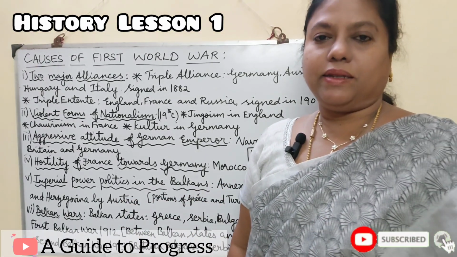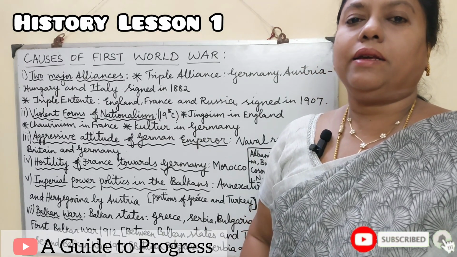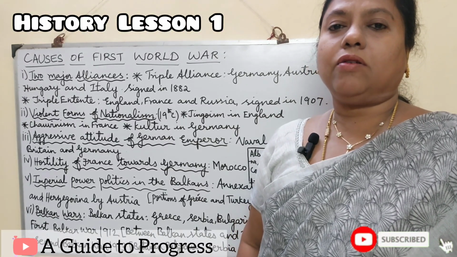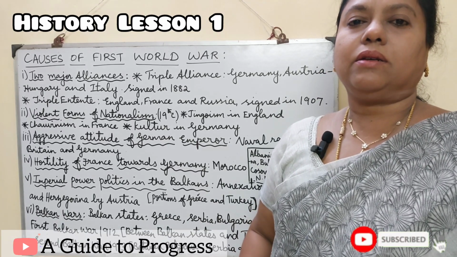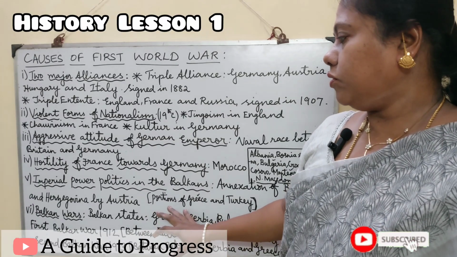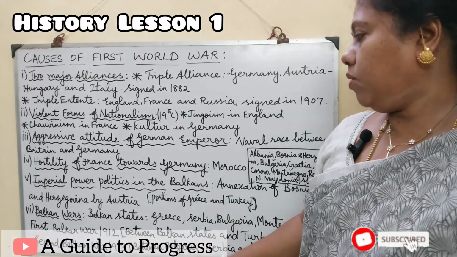This was not liked by Serbia. Serbia showed its opposition, but Germany strongly supported Austria, and Germany said that if Austria were attacked by any other power, Germany would come to help. This attitude also contributed to the outbreak of World War I.